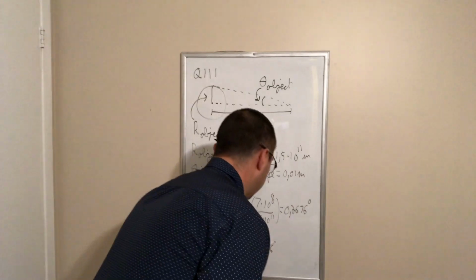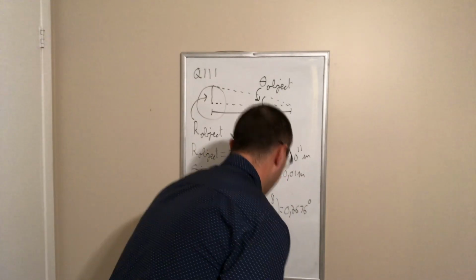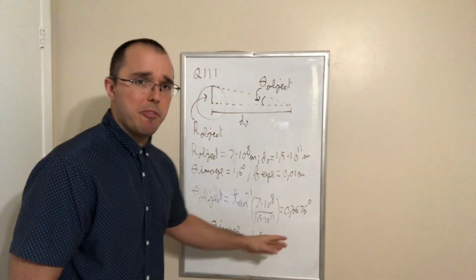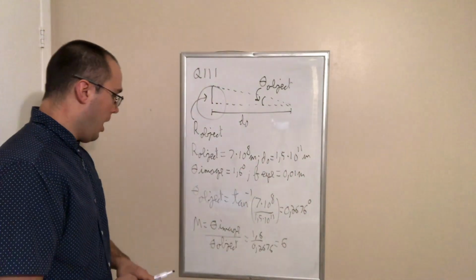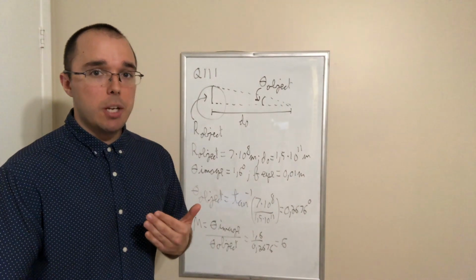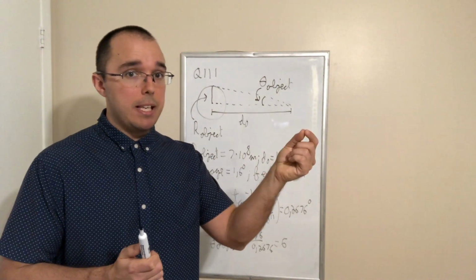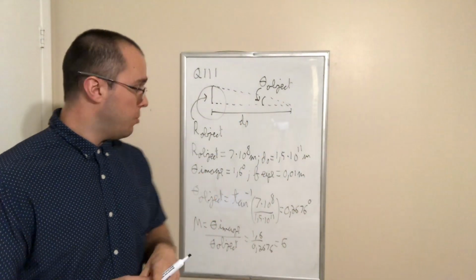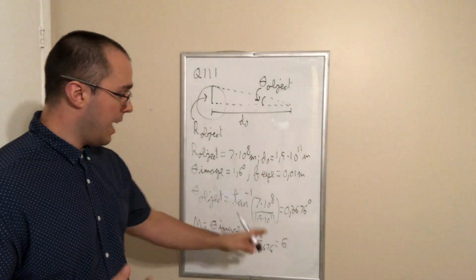This gives us exactly 6, or really close to 6 actually. It's a 5.99 something. So that means our magnification is 6. That means the relationship between the focal length of the eyepiece and the objective has to be a factor of 6.